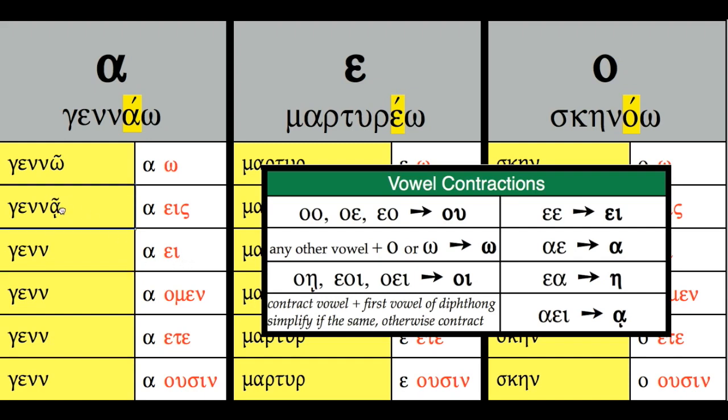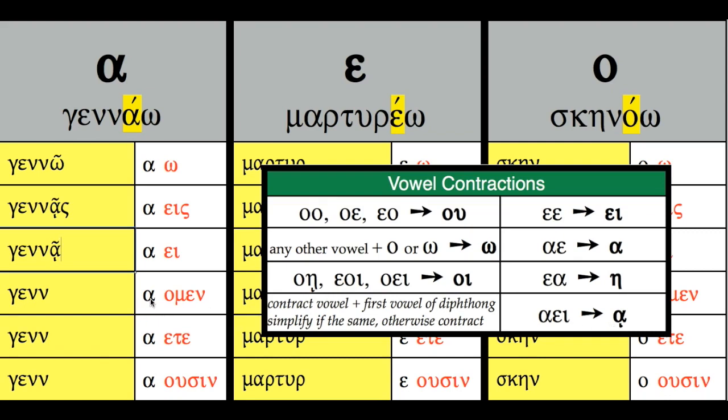Same thing here. Oops, I forgot my sigma there, didn't I? So os. Let's see if I can type a final sigma. There we go. Geno, genos. And then how about an alpha plus an epsilon iota? Well, we just had it. So same thing here. We'll have our iota subscript and a, there we go, like that, gena. So it's just this rule right here.